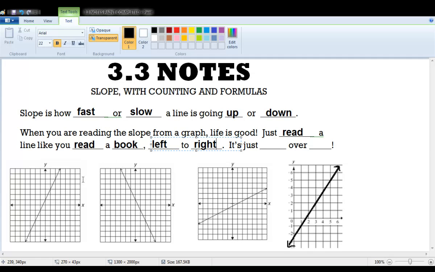So, for instance, if you look at those graphs just below us, in the first graph, the slope is positive. In the second graph, the slope is negative. And everything you know about rise over run still holds true.